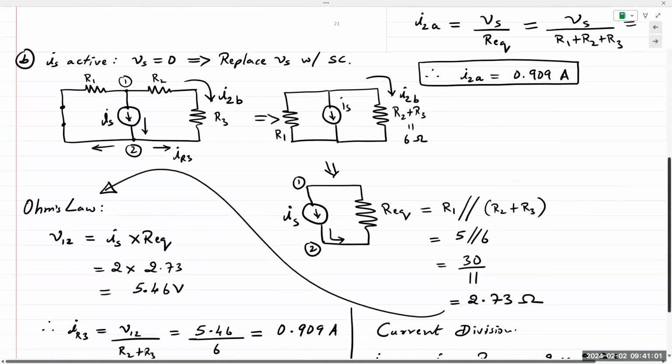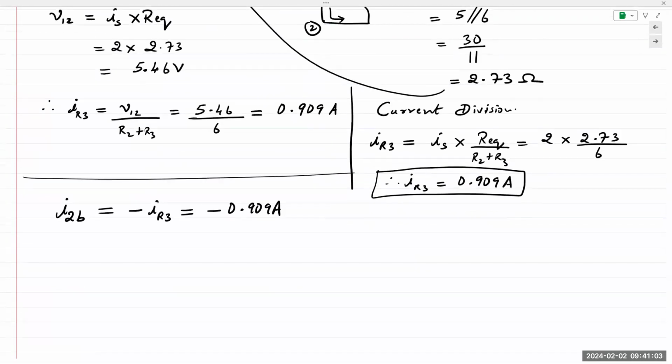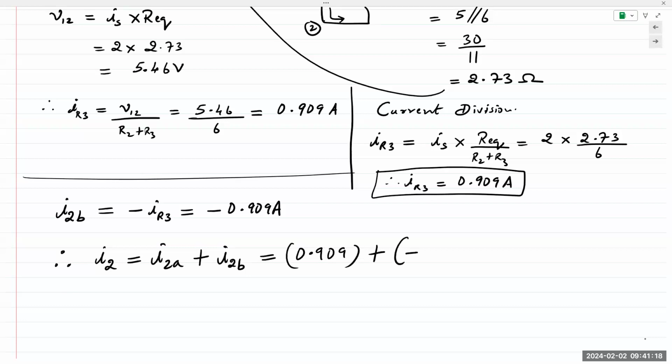And so my actual I2, which is a sum of I2A plus I2B, becomes 0.909 minus 0.909, which is 0.